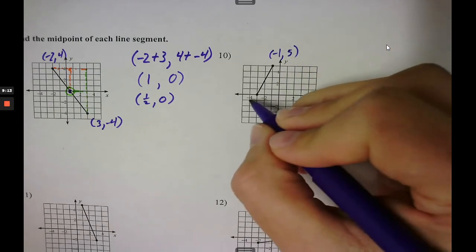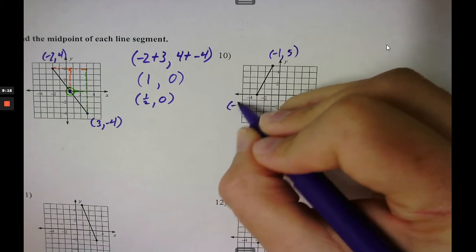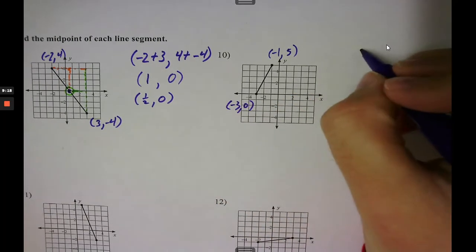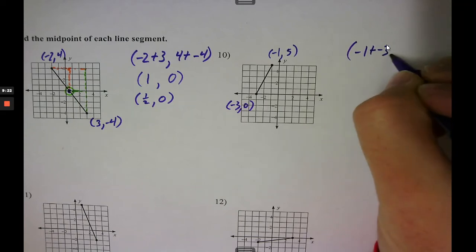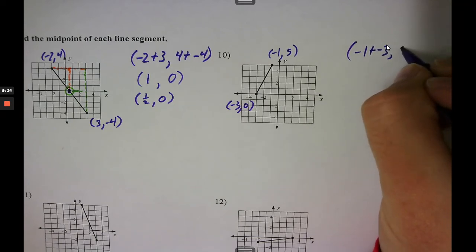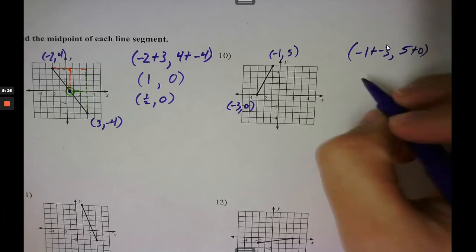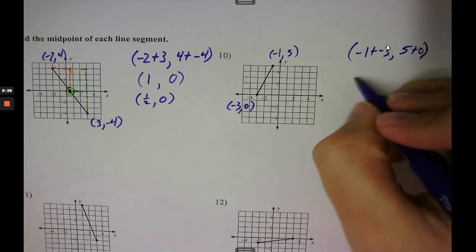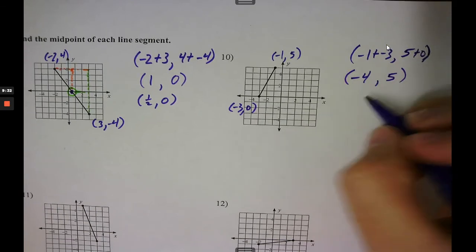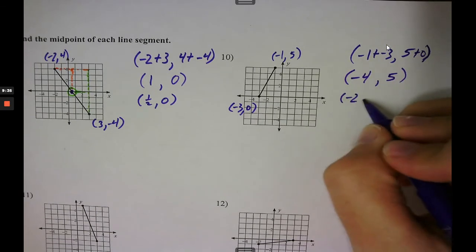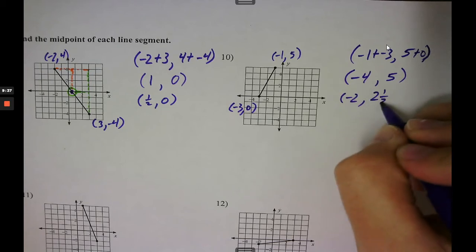And the second point is negative 3, 0. Okay? So, negative 1 plus negative 3, comma, and then 5 plus 0. And so what we're going to end up with there is negative 4 and 5. And we need to take half of both of those. So negative 2 and 2 and 1/2.